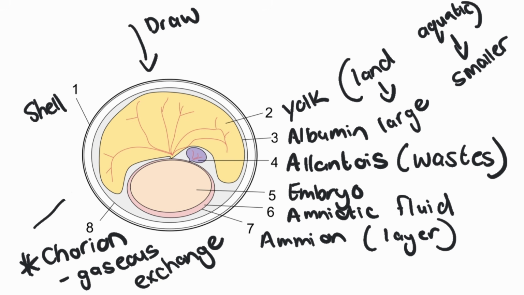Now, the chorion in the egg is for gaseous exchange. However, we often confuse this with the chorion in mammals. In mammals, the chorion is going to become the placenta. We start off with chorionic villi. Those chorionic villi grow into the chorion, and then the chorion becomes the placenta in mammals.